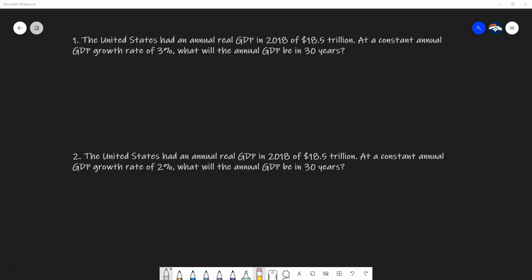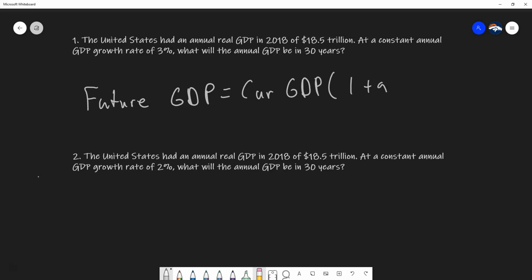This particular video is going to go over how to calculate future GDP and what that can tell us. So the formula for future GDP, I'm going to write on the screen, is future GDP equals current GDP times 1 plus the growth rate to the number of years.